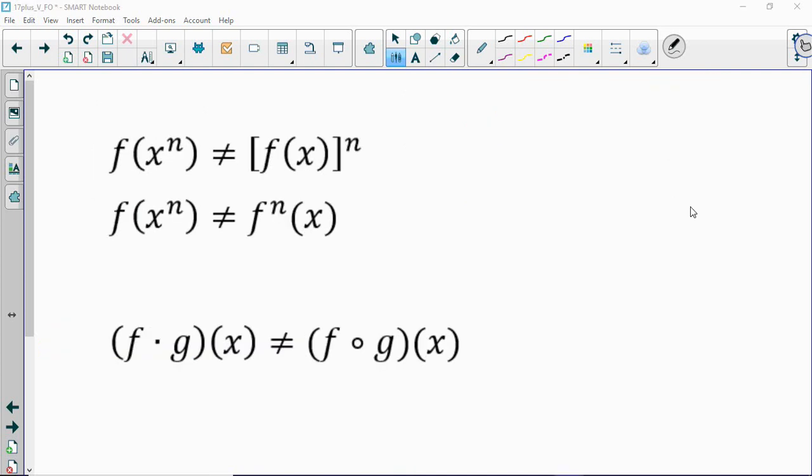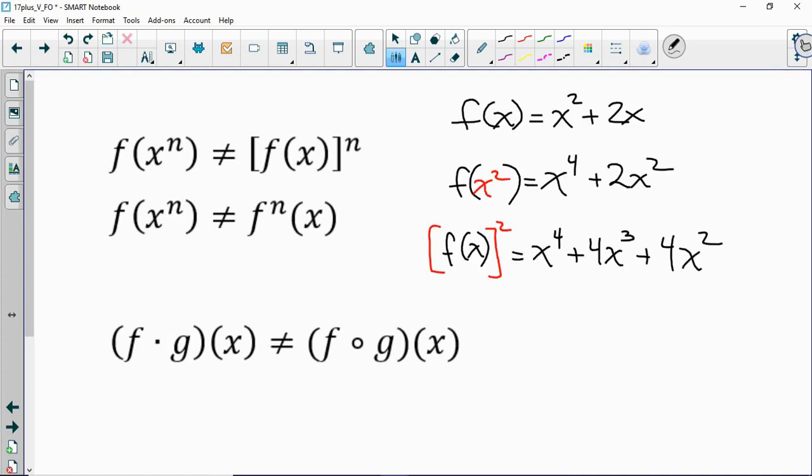Okay. Oh, one more thing about exponents. Having the exponent on the x is absolutely not the same thing as having the exponent on the f of x. Don't worry about what kind of change it is, because it's going to depend on what the function is and what the power is, but the point is they're totally different things. Just as an example, here's a function. Here's what happens when I change the x's into x squareds.